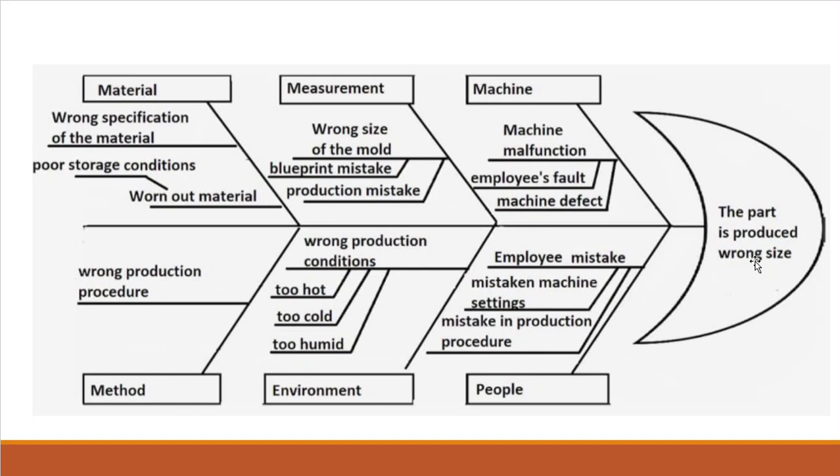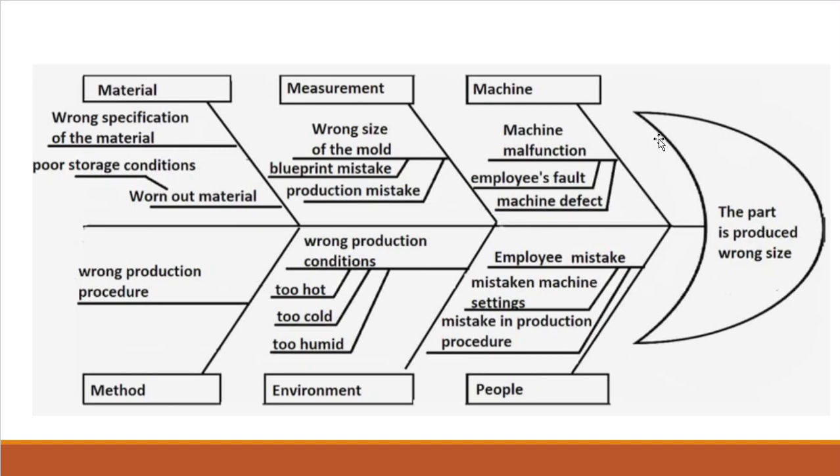Satu produk keluar daripada kilang, produk tu tidak menepati quality assurance kan. So wrong size, for example. This is the problem, so we write the problem at the head part of the fish. And then we try to identify what are the causes of that problem, the wrong size problem.